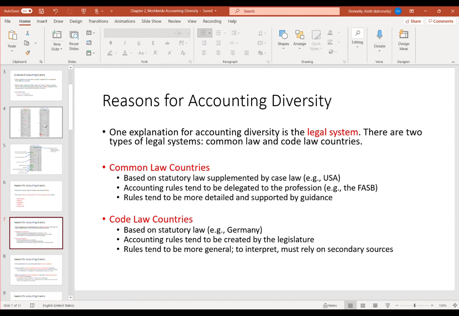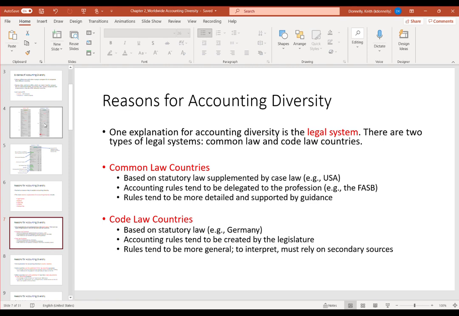Accounting rules here tend to be delegated to the profession. The US government isn't making accounting rules. They say, no, we're going to delegate this to the FASB to make GAAP, and they have the accounting standards codification, the ASC rules. Likewise, here the rules tend to be more detailed, supported by guidance.